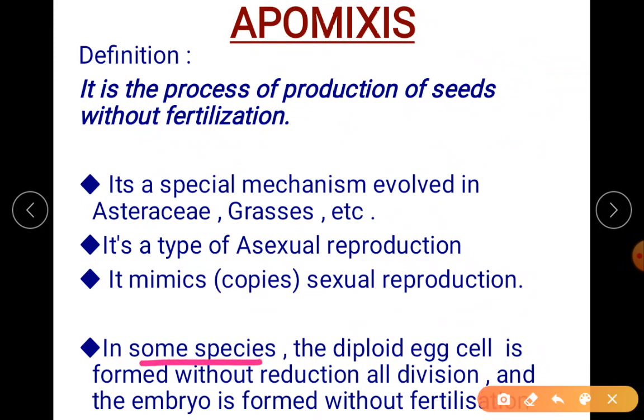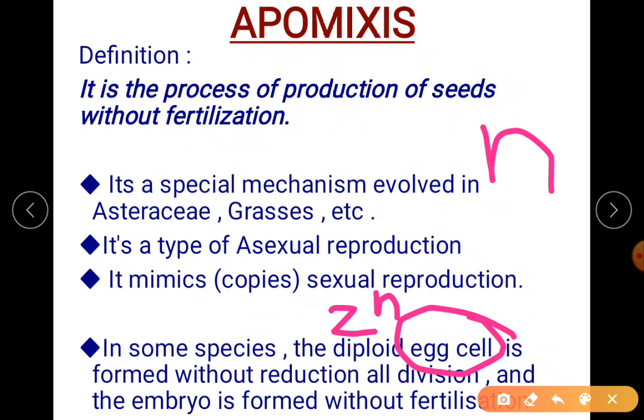In some species, the diploid egg cell is formed without any reduction, reductional division, and the embryo is formed without fertilization. So I hope it is clear. The egg cell is diploid. Otherwise, in embryo sac, it is all haploid.